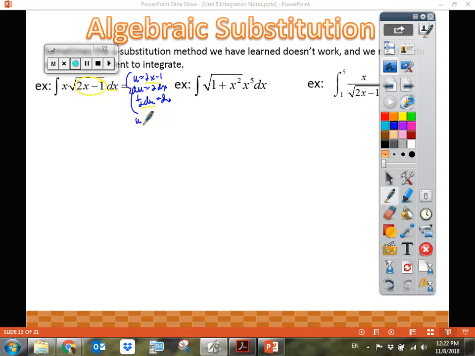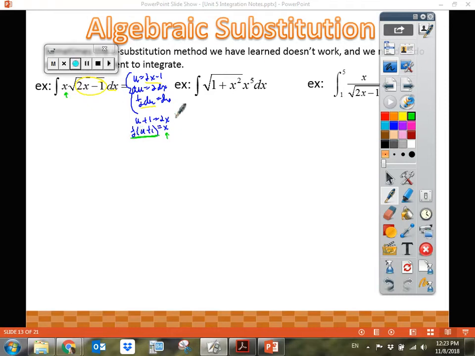So we would have u plus 1 equals 2x, where x is 1/2 (u plus 1). All right, so now this piece is going to replace that x. We're going to take that and put that instead. So I have this 1/2 from my u sub portion, and I have this 1/2 from my algebraic sub portion.